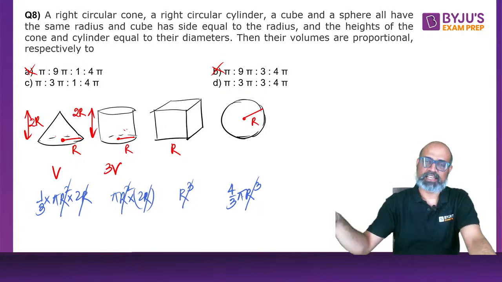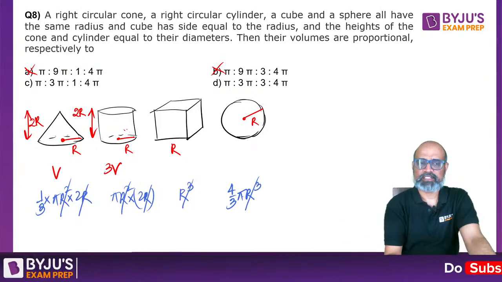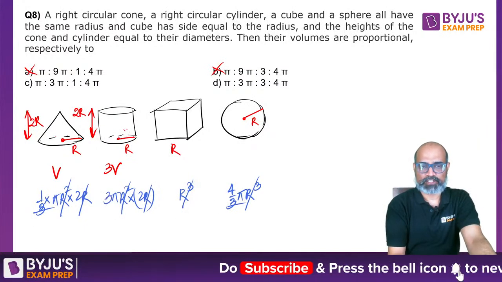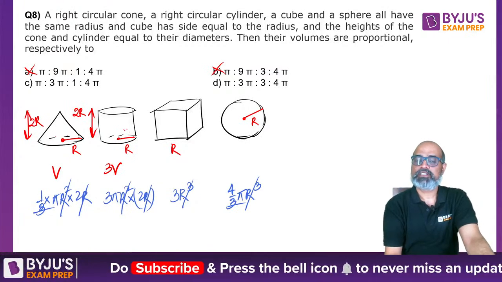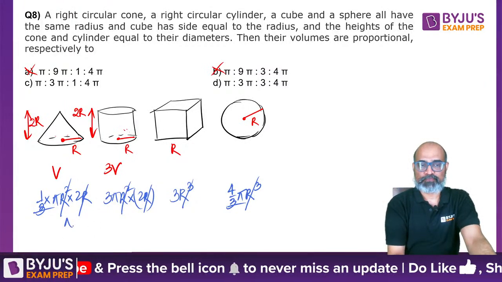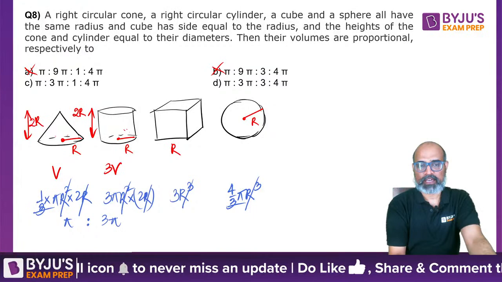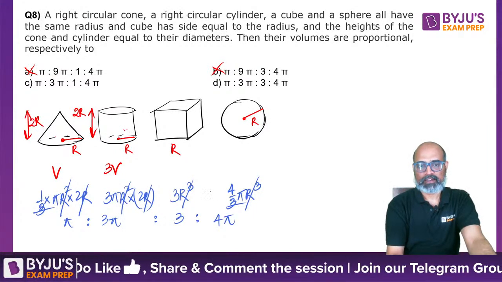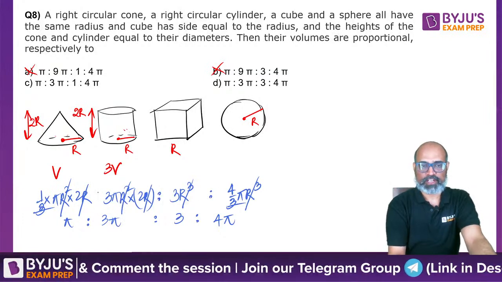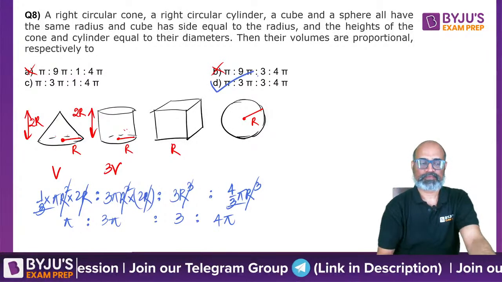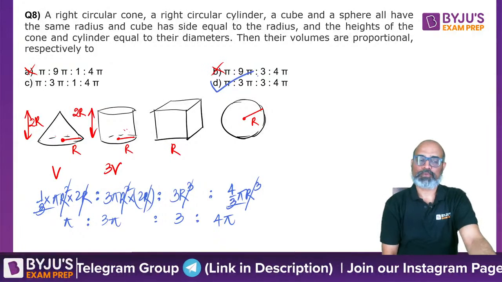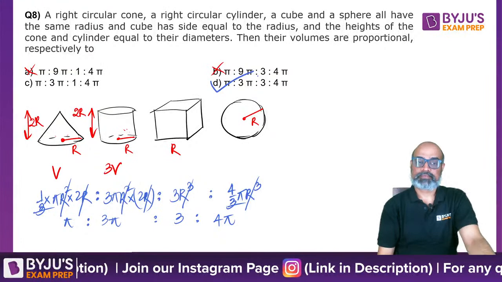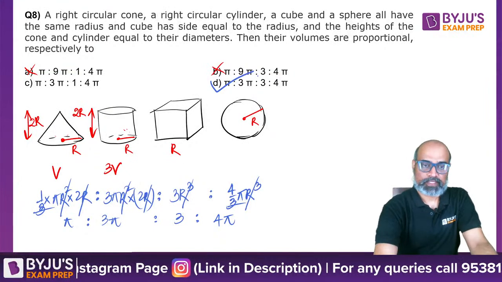Let's take the LCM of the denominators. So this 3 vanishes, this 3 vanishes, so that 3 appears here, that 3 appears here. So we will have pi, we will have 3 pi, we will have 3, and we will have 4 pi. This is good enough. Fourth option, D. Right? Okay.